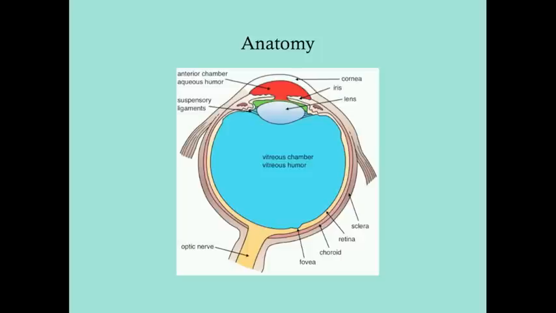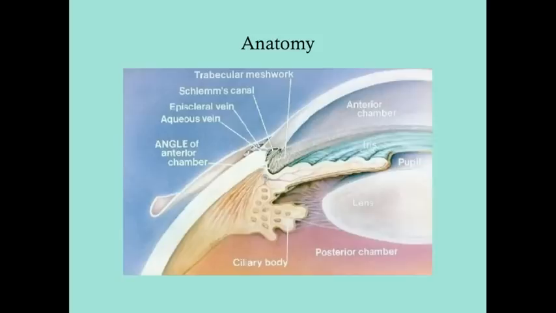The posterior chamber is bordered by the posterior part of your iris anteriorly, and the lens and the ciliary body posteriorly. So note that the ciliary body here contains the suspensory ligaments and zonular fibers, and those are responsible for holding the lens in place as well as changing the shape of the lens.